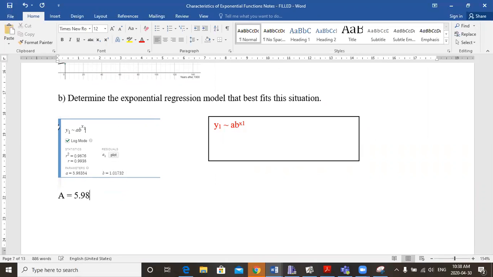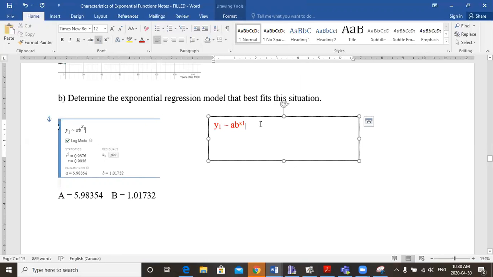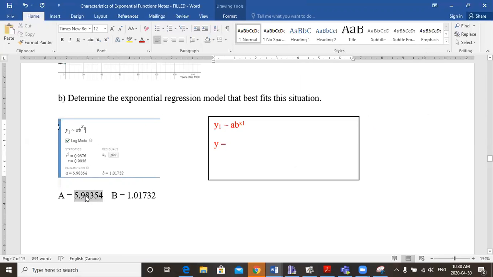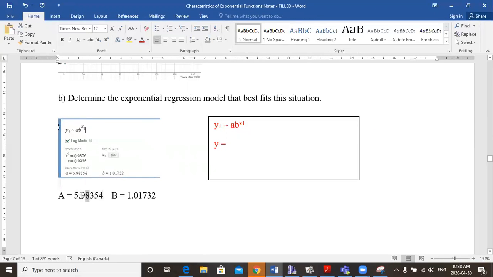So the a value is 5.98354, and the b value is 1.01732. Now to get our equation, we go y equals, and again we take away the tilde, so y equals a. Now we're going to take it to 2 decimal places: 5.98, because the 8 is followed by a 3.